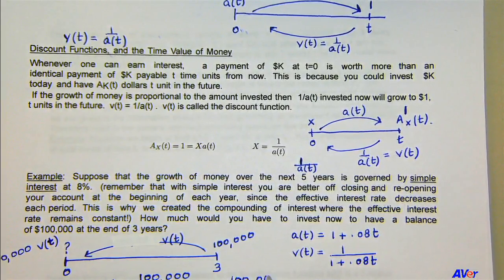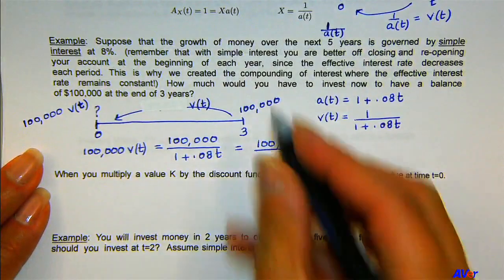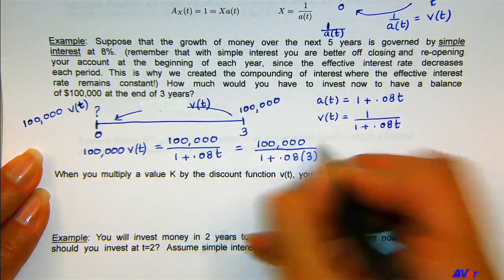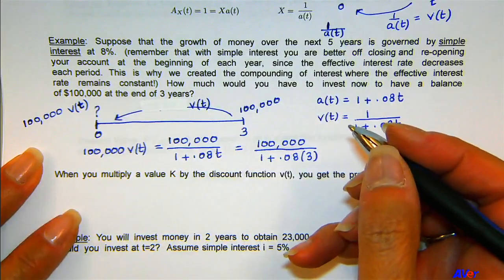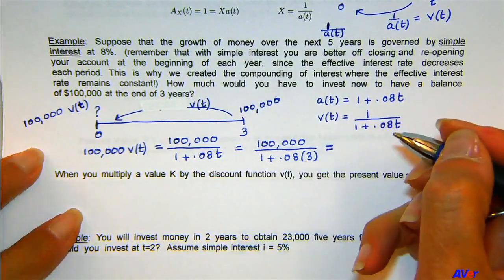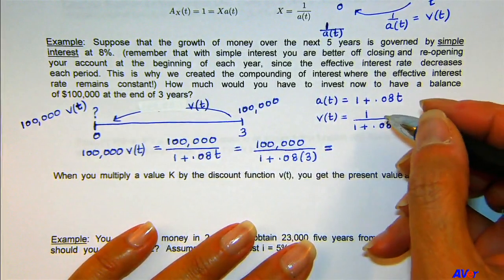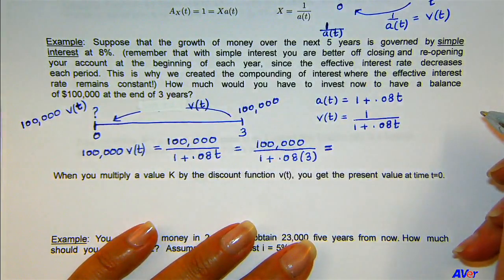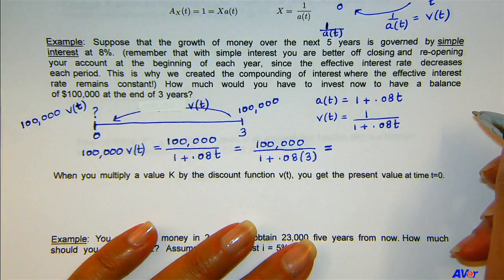So 100,000 over 1 plus 0.08 times 3. Can you get me an answer, please? What do you get? 100,000 over 1.24, basically. What do you have?